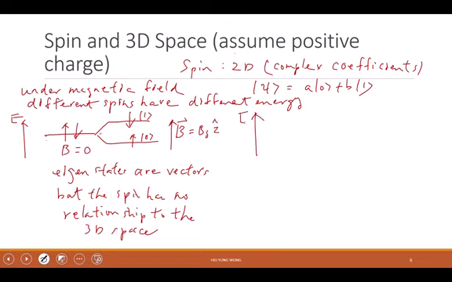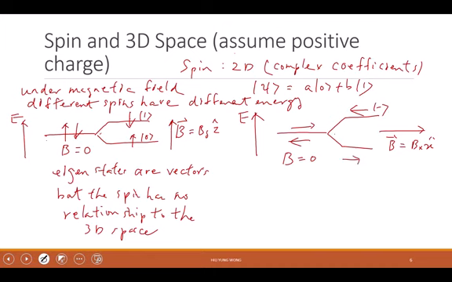Similarly, if this is the energy, and I have the spin right and spin left, when there is no magnetic field, I cannot distinguish them. But if I apply a magnetic field in the x direction, then the one that goes in the opposite direction is going to have a larger energy, and the one that goes in the same direction as the magnetic field has a lower energy.